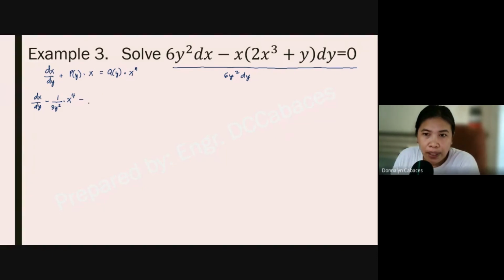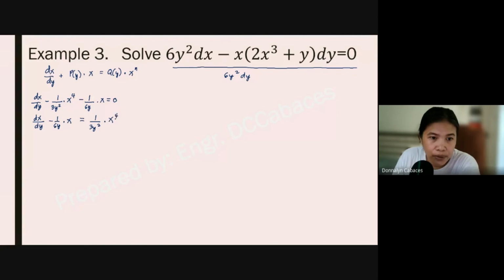So that is minus 1 over 6y times x is equal to 0. And rearranging the terms, you have derivative of x with respect to y minus 1 over 6y times x is equal to 1 over 3y squared times x to the fourth.